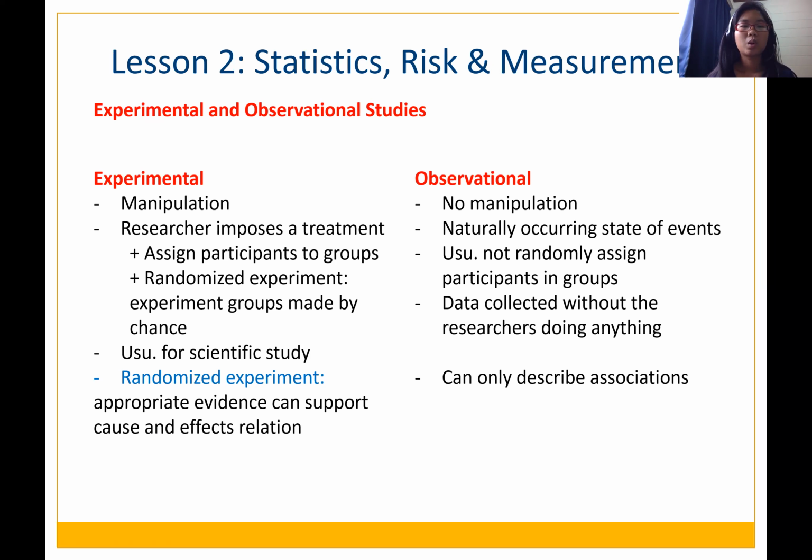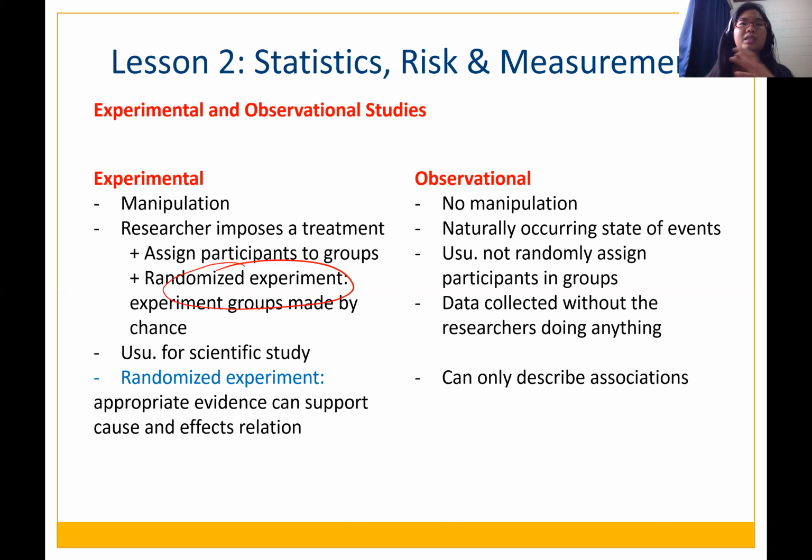In experimental studies, as I said, the researcher imposes a treatment, and usually randomly assigns participants to groups, and that's when we have the randomized experiment. That's a very important thing that differentiates experimental and observational studies, because observational studies do not allow interventions; we just make observations.